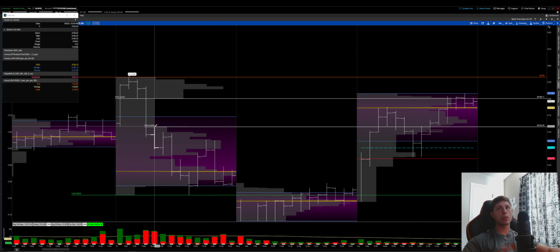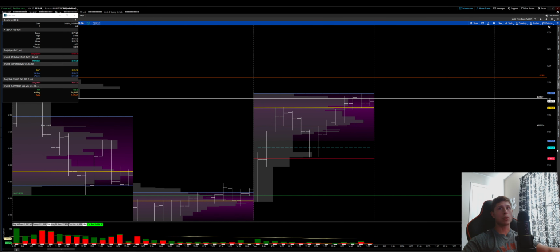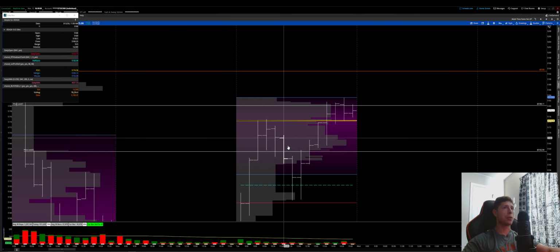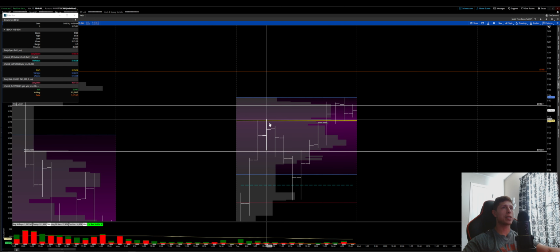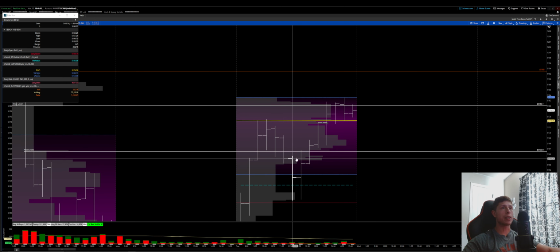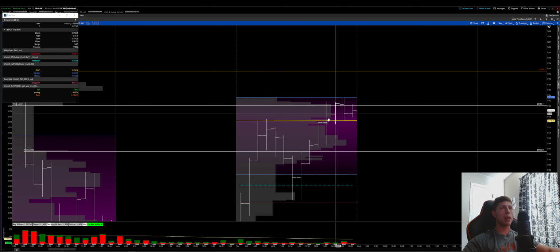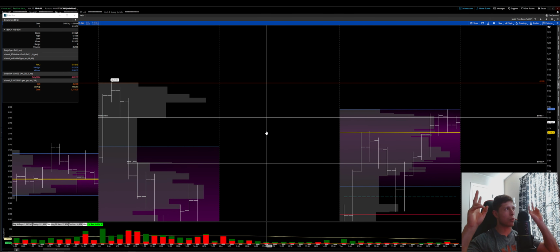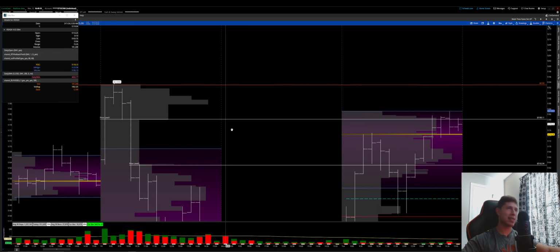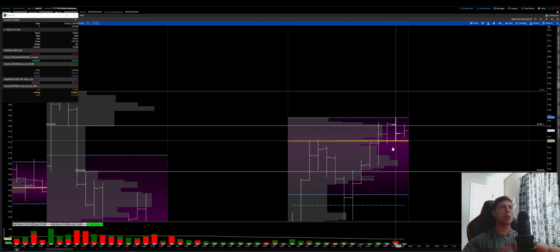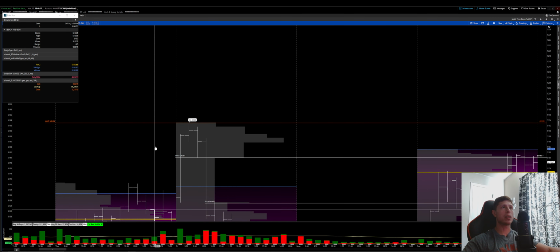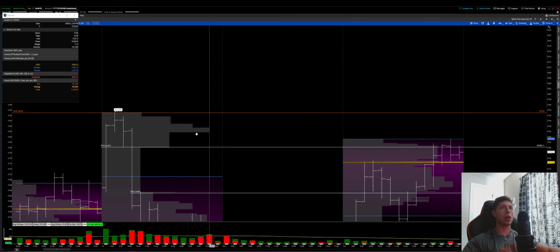This 20-point range was going to be an area of interest for me. Basically, I wanted to see how we reacted. Initially, when we pushed up into this area, we sold off pretty good. The second time up, we basically filled what I would call, quote unquote, single prints. Not exactly single prints, but we filled that area, but still had trouble getting back up into this area where we did a whole lot of volume.